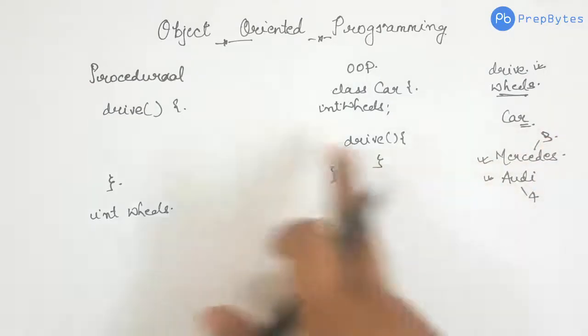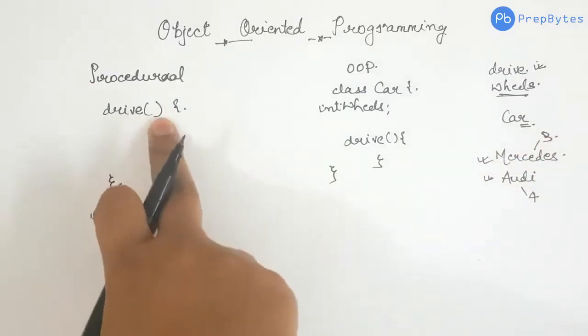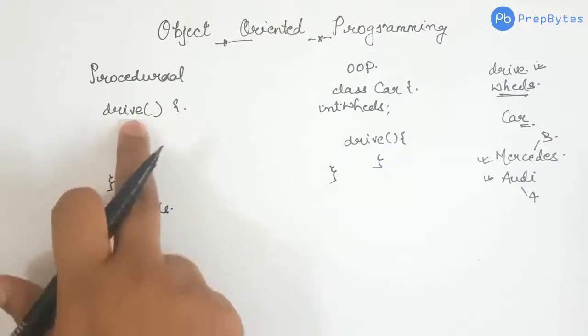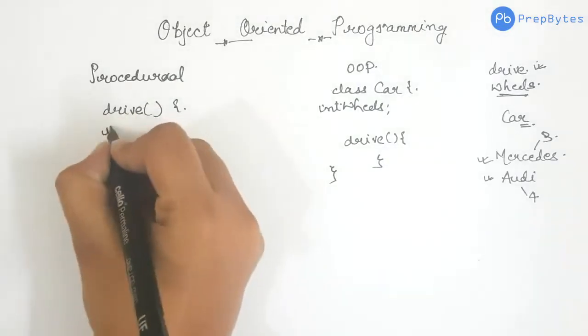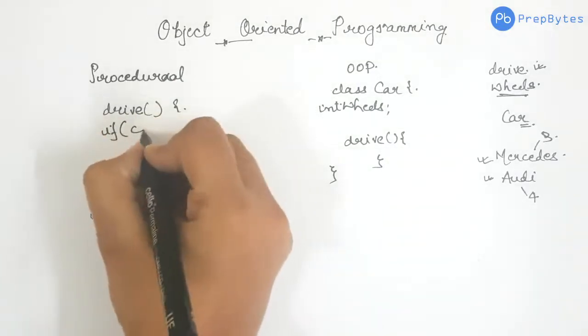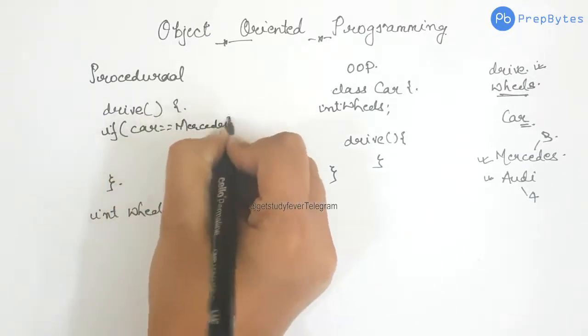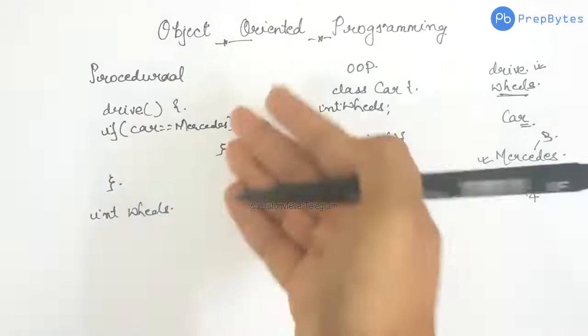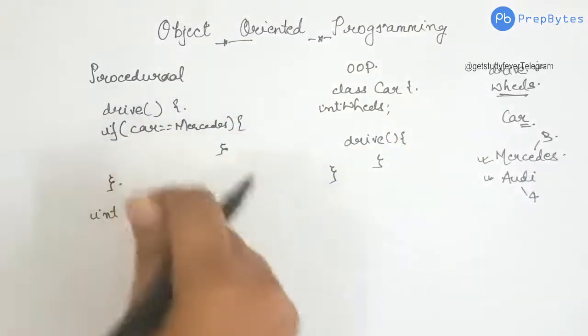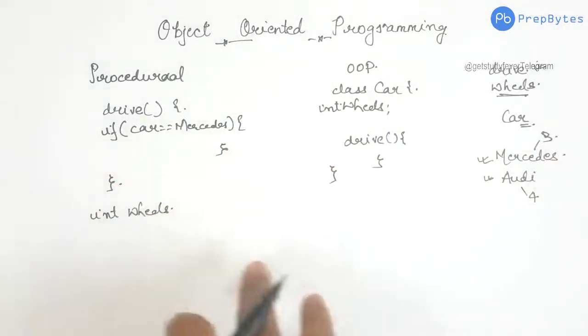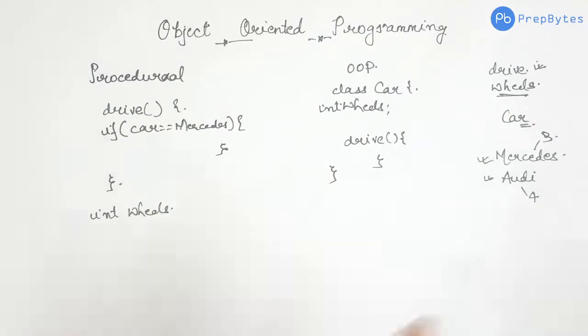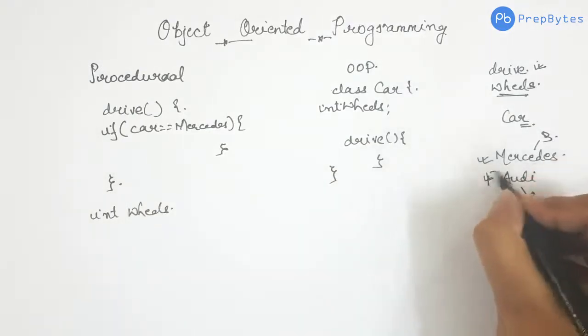So what will this procedural programming methodology do? We will have an if condition here: if the car is equal to Mercedes, follow a set of instructions, else if the car is Audi, follow another set of instructions. First, let's forget about this as of now.